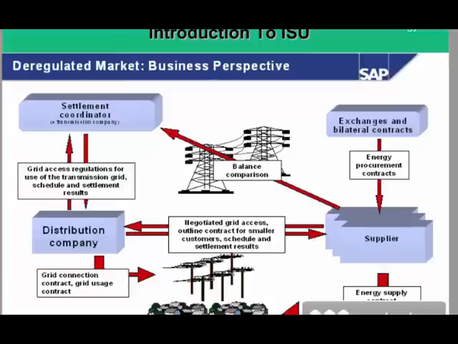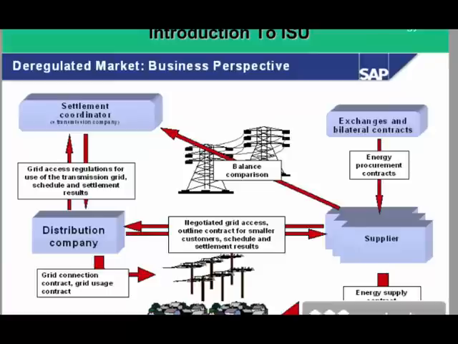Even in a regulated market, when there is open access, where one entity can buy electricity not only from its traditional source but also from outside, an energy exchange is created for that. So there is an energy exchange when there are multiple buyers and suppliers, and there can be a bilateral contract when there is one supplier and one transmission company.